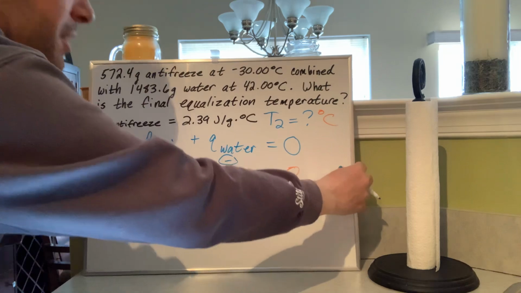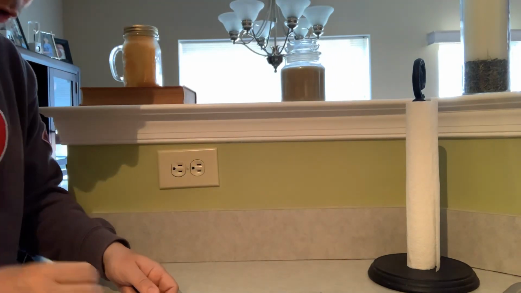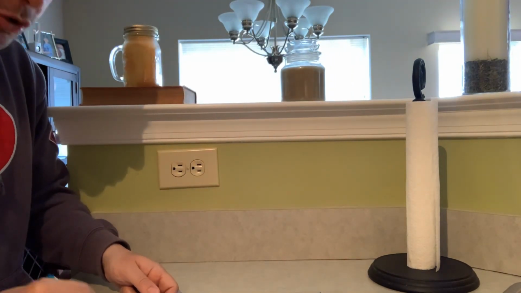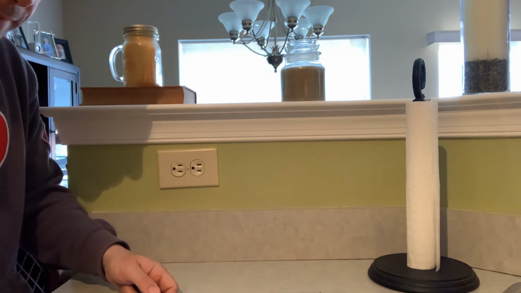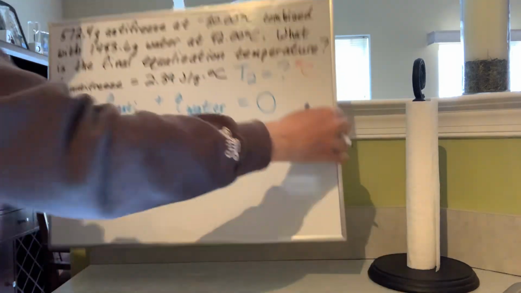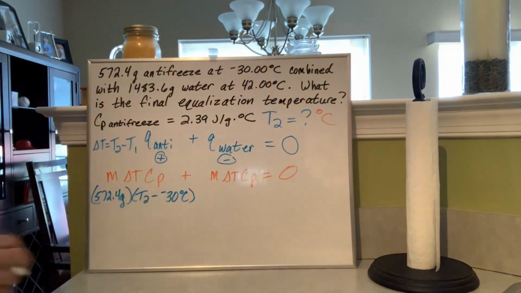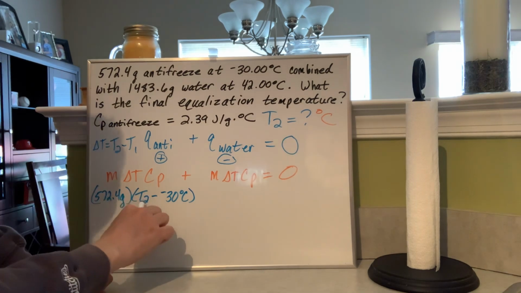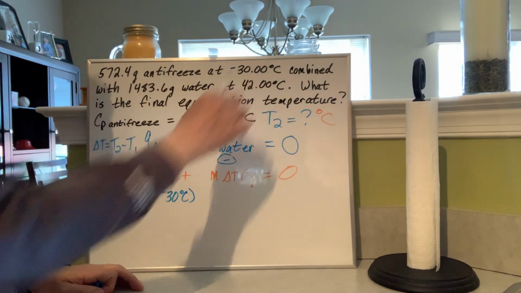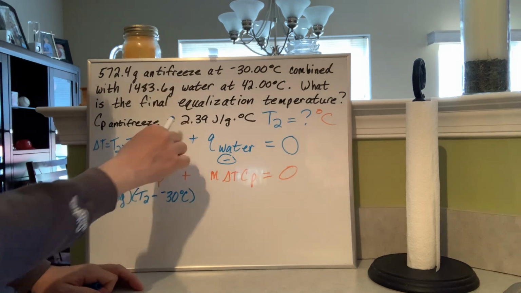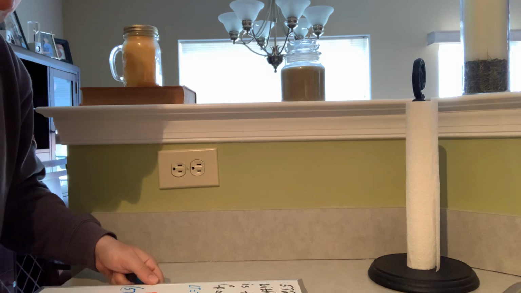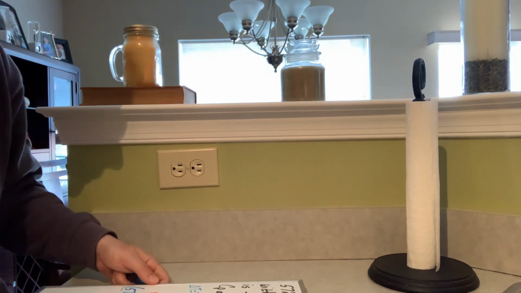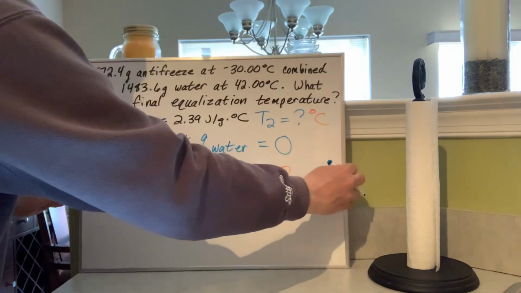So the delta T for antifreeze is going to be T2, which I don't know, minus T1, which is negative 30 degrees Celsius. The CP of antifreeze, I gave you that right there: 2.39 joules per gram degrees Celsius. I might have given it to you in Kelvin, but it doesn't matter.